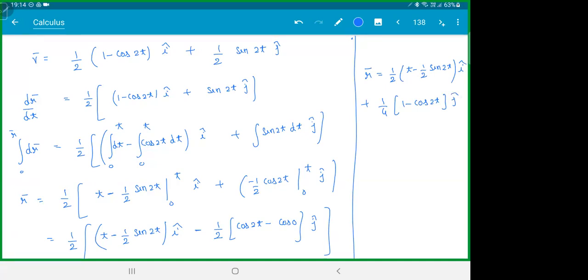That's your final answer. Check. Most common mistake is that when you put 0, cos 0 won't become 0. Please check. E power 0 is not 0, cos 0 is not 0.